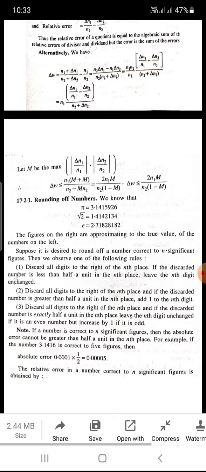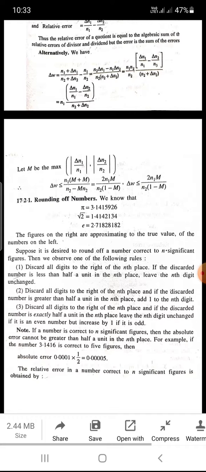Suppose it is desired to round off a number correct to n significant figures, then we have to follow the following rules. Discard all digits to the right of the nth place. If the discarded number is less than half a unit in the nth place, leave the nth digit unchanged.